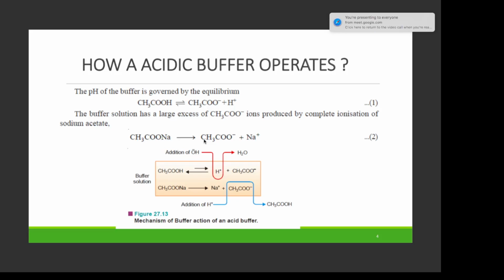As it is a weaker acid, it will not dissociate 100%, and when it is dissociated, it will return back to the previous form. So the chances of the forward reaction are less, but the chances of the backward reaction are high. Clear now? And as the corresponding salt is stronger, it will dissociate 100%.